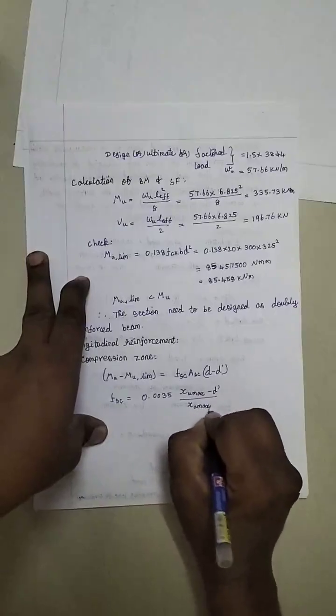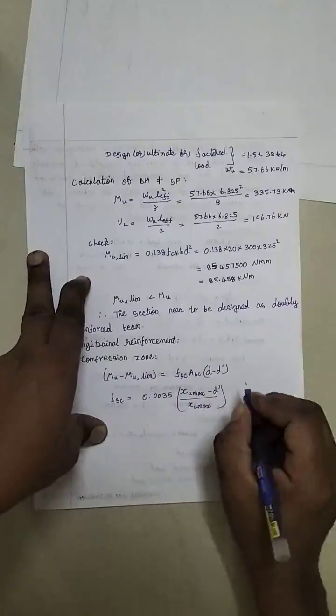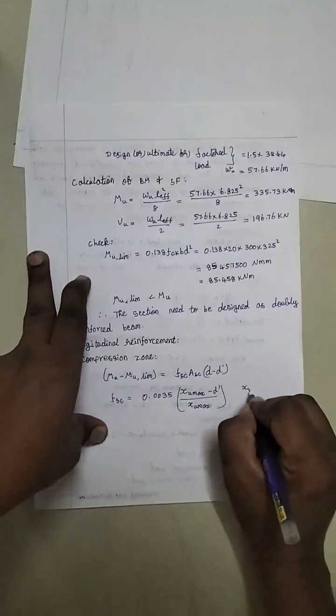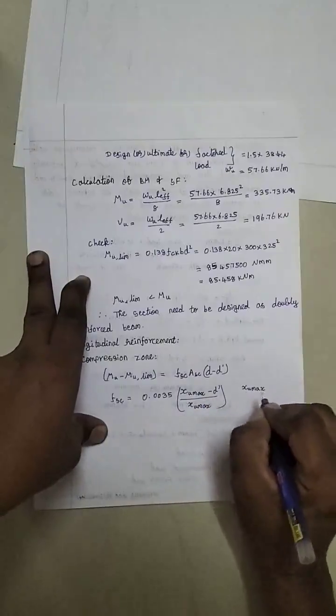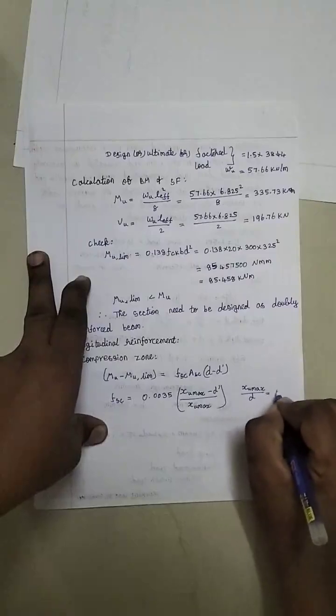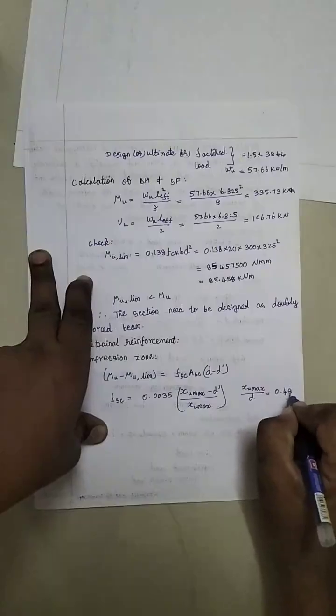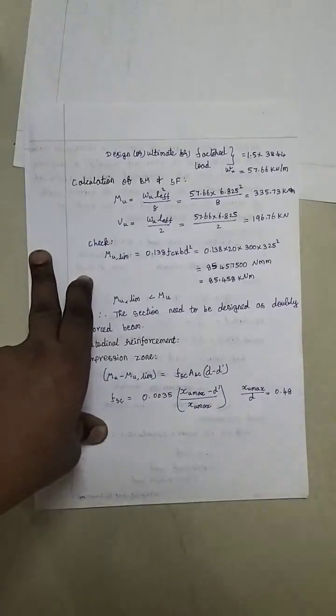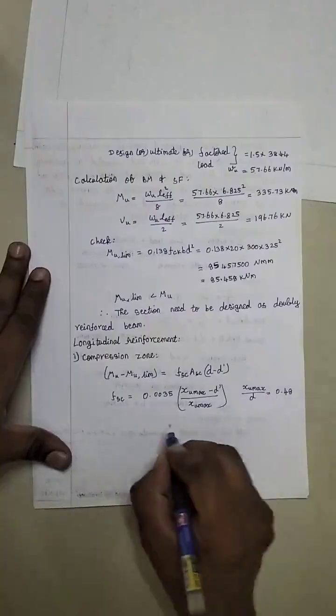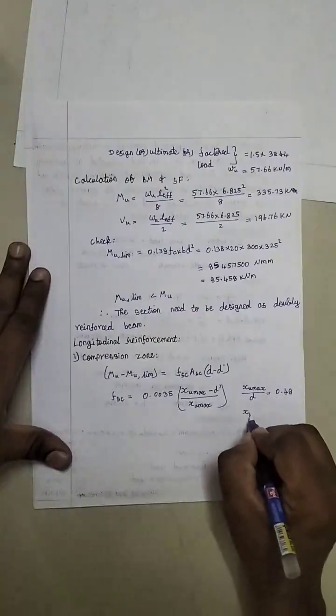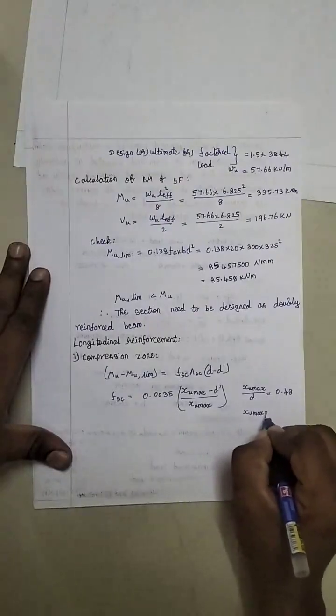XU max value you can find from page number 70, where they have given the value as XU max by D equal to 0.48 based on the grade of steel. So for Fe415 the value is 0.48. So I can say that XU max equal to 0.48 D.